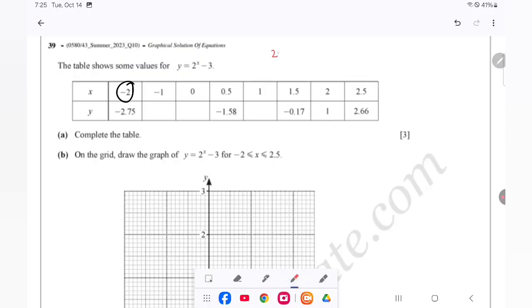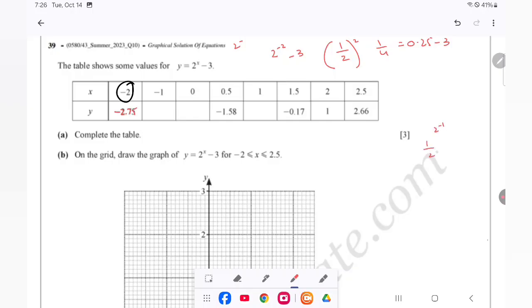The meaning of 2 to the power negative 2 minus 3: the negative means reciprocal, so 1 over 2 squared, which is 1 over 4, which is 0.25, minus 3, which will give you negative 2.75.